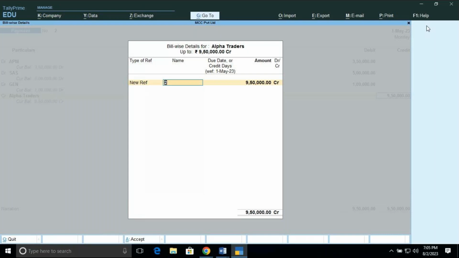Tally has allotted, say, 2. I can always overwrite. I'll say A01. This is my first buying from Alpha Traders. I'll give A01, A1, or A001, whatever I want, so that I remember. Every trade bill will have a number. Fine. Enter.